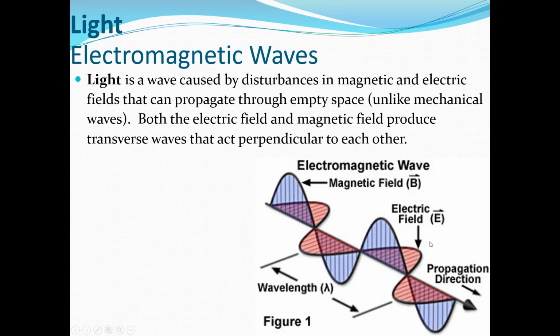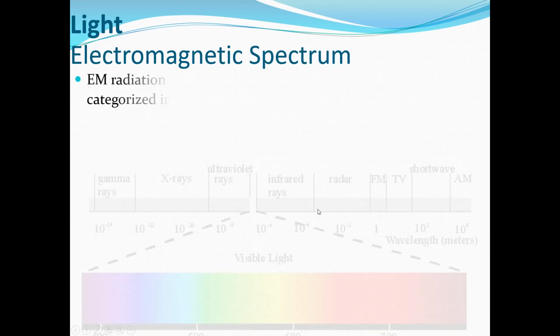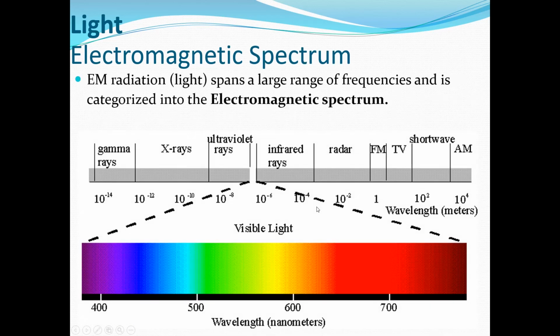This actually comes from the fact that the changing magnetic field is inducing a changing electric field perpendicular to it, and the changing electric field is inducing a changing magnetic field perpendicular to it. So it kind of works like that. Going back to light being the double transverse wave, this means it does have some unique properties that things like sound, the longitudinal waves, don't have, which we'll talk about later.